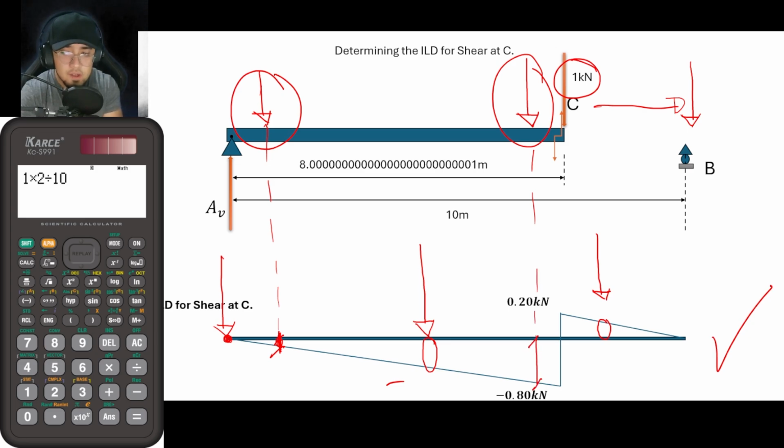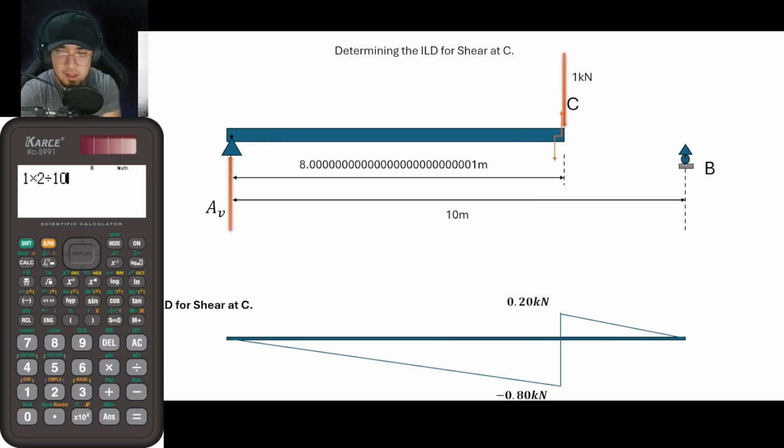Visually looking at it, it's kind of redundant, but what I want to tell you is that if the load is located somewhere here, it would greatly affect the shear at C as compared to if the load is somewhere here. Meaning, guys, the dangerous area is actually at this location, and this location would now give you the maximum value for the shear.